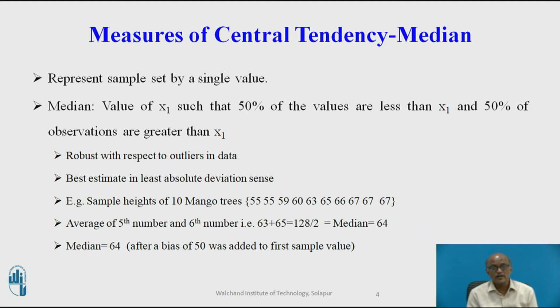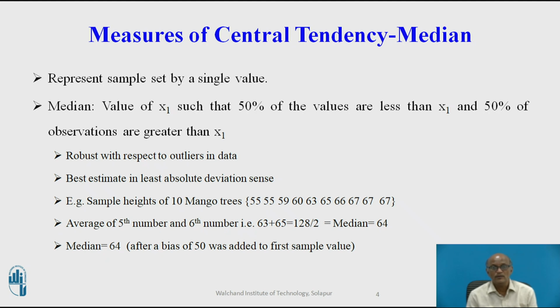So we would like to find the value below which half the data points lie and above which half the data points lie. For doing this, we have to order all the observations that we have got from the smallest to the highest and then find the middle value.